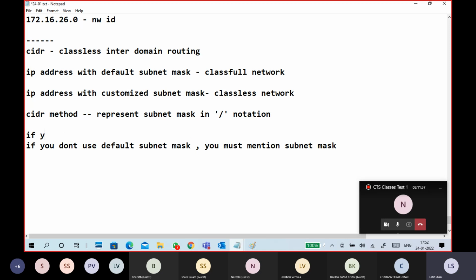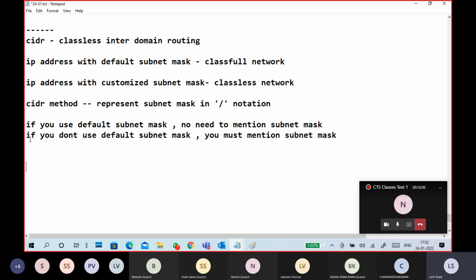If you use the default subnet mask, there is no need to mention the subnet mask while writing, sending or speaking. While you are writing an IP address, there is no need to mention this, but while you are assigning, be careful. This statement is for normal understanding purposes only, guys.